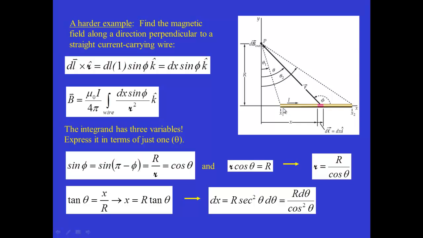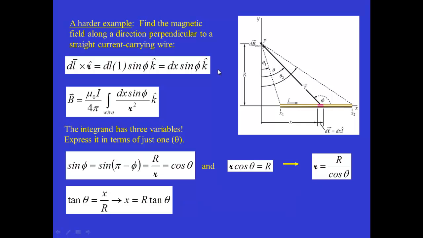Now, what would the special case be if the wire is infinite? Let's go back just a second to the picture. If the wire is infinite, the left-hand end goes off to infinity, and so does the right-hand end, off to positive infinity. So the angle theta 1 would actually become negative. If this left end goes as far away as possible, the angle theta 1 would approach negative pi over 2 in the limit.